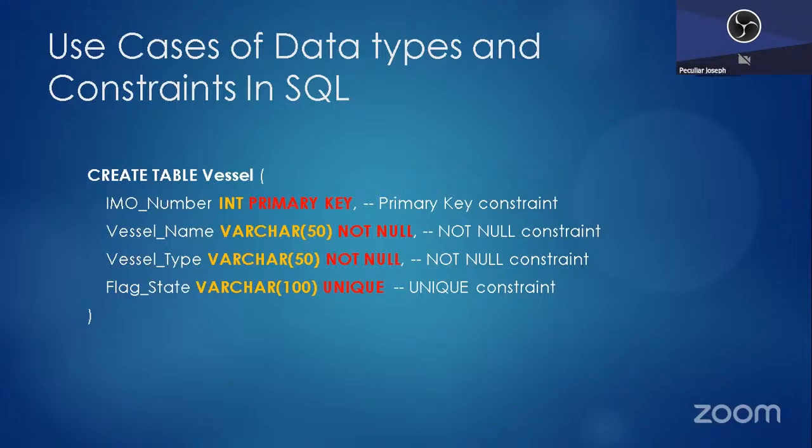Next is my vessel type, which is similar to my vessel name, with the same not null constraint. Then my flag state is carrying varchar, and it's 100. Unique is not a reasonable constraint here, but I'm just showing you how unique also works. You can put in unique just the same way you put in your not null or whatever other constraints you have.